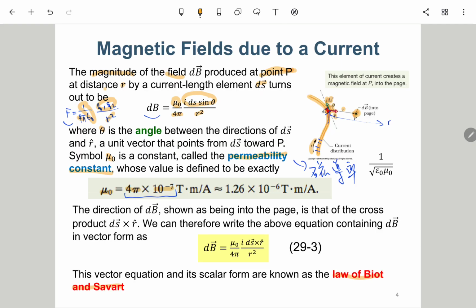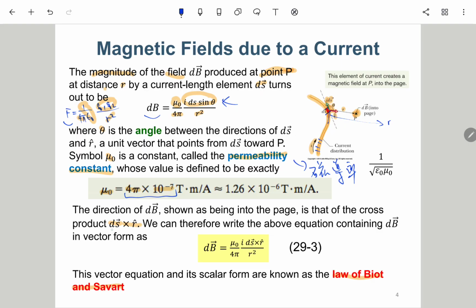This cross product will be ds cross r hat. The magnitude of r hat is 1, so it won't influence the magnitude in the numerator.